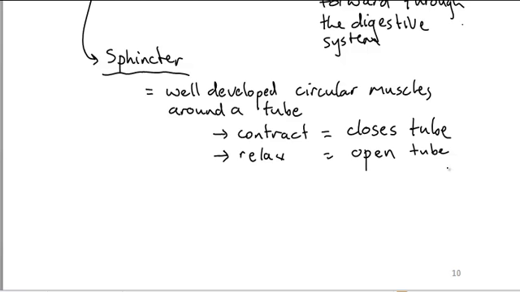And in particular, this sphincter at the base of the esophagus leading into the stomach is called the cardiac sphincter.